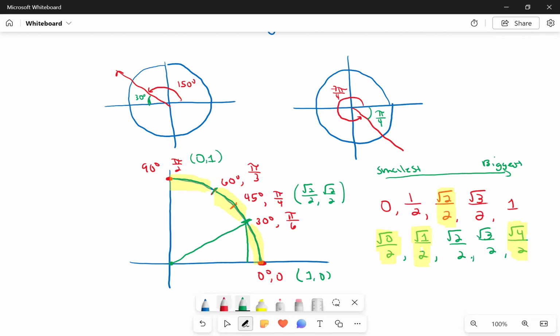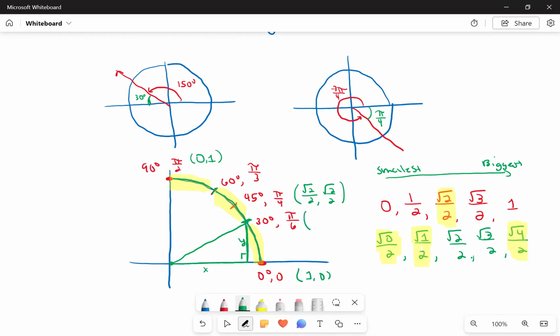Now on this triangle, this side right here on the x-axis represents the x value. And this side right here on this right triangle is the y value, and it is a right triangle. Based on this drawing, the side that is longer is on the x-axis, the x-coordinate.